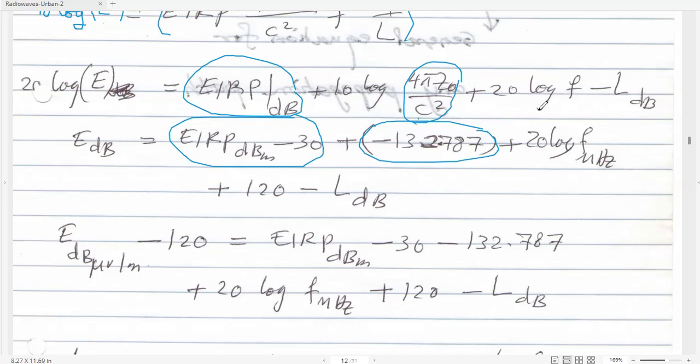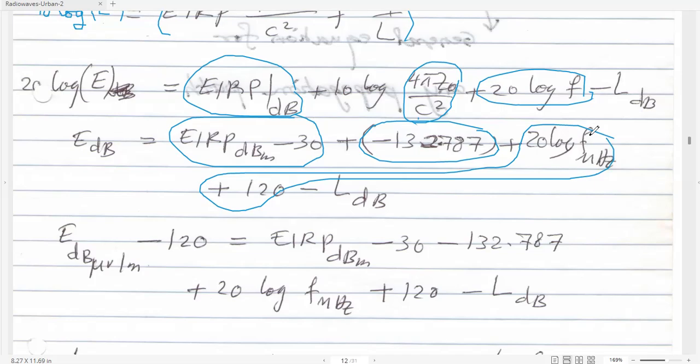Now 20 log f, if we put f in megahertz, then we will add 120, because mega is 10 to 6. 10 to 6 times 20 is 120. So 20 log f is equal to 20 log f in megahertz plus 120. And finally minus L in dB.